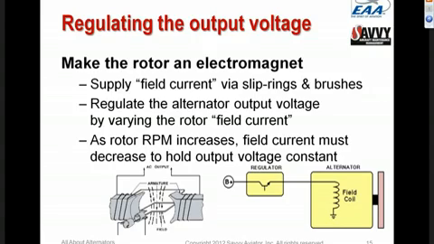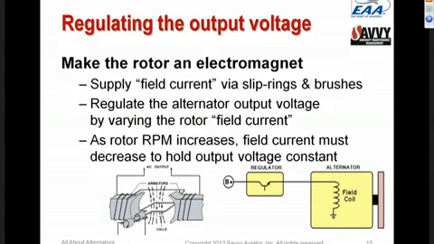So the regulator is basically sitting there watching the output voltage of the alternator and constantly making corrections in terms of how much field current we supply to the rotor in order to hold the alternator output voltage constant. It's pretty simple.